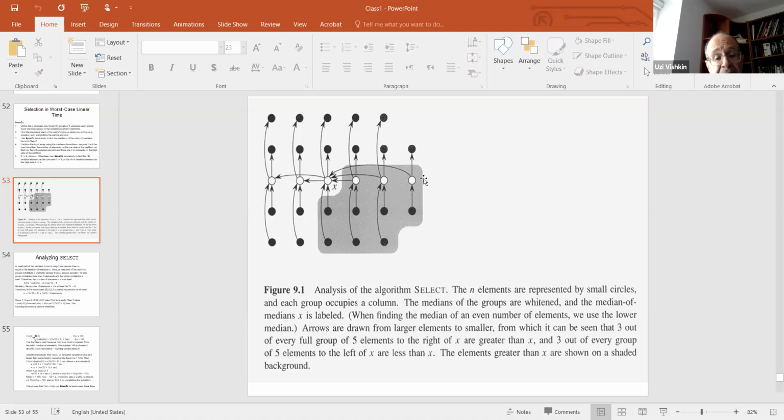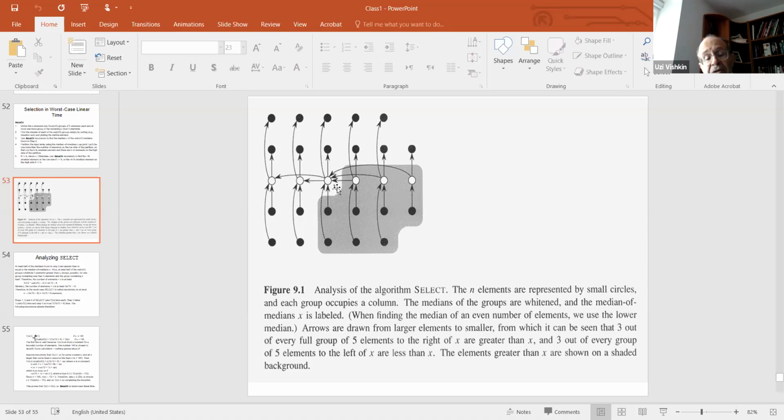And the relationship of the arrows going sideways also has the same semantics, meaning that all the elements that go to the right of the median of medians are from larger medians, and all the elements from this median of medians to the left are from smaller medians.